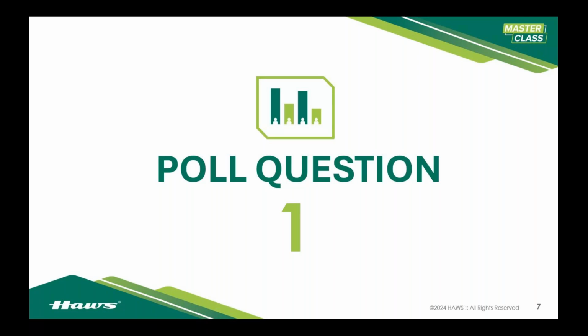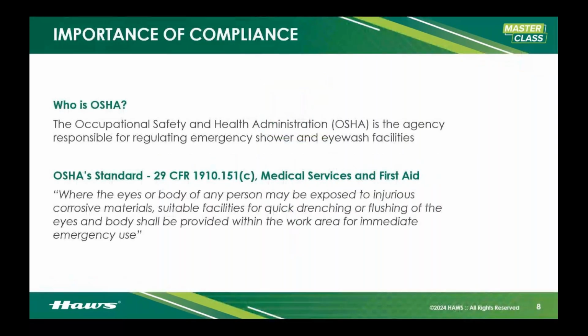So let's move on to what's driving the ISEA ANSI standard, Z358.1, right? So everybody in here probably knows who OSHA is. That's the Occupational Safety and Health Administration. They're the agency responsible for regulating emergency shower and eye wash facilities.